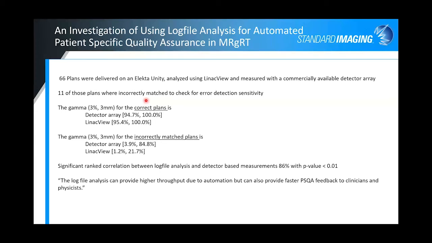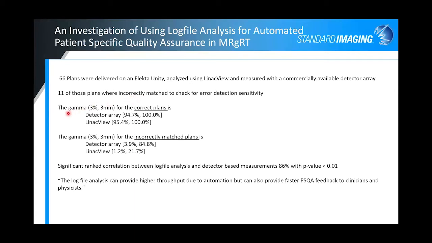And so what was being studied was a comparison between, say, the day 1 plan that was approved and inadvertently delivering the day 3 plan. We're seeing if incorrectly matched plans would be detected.